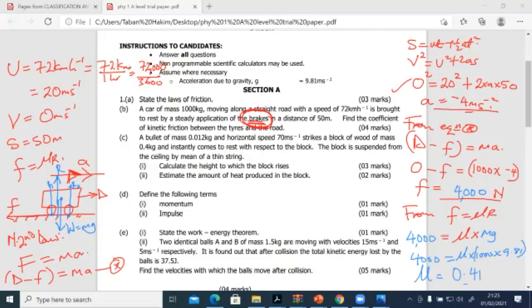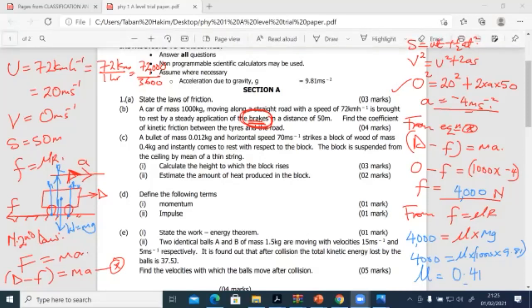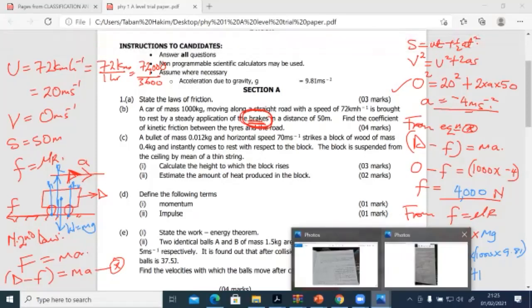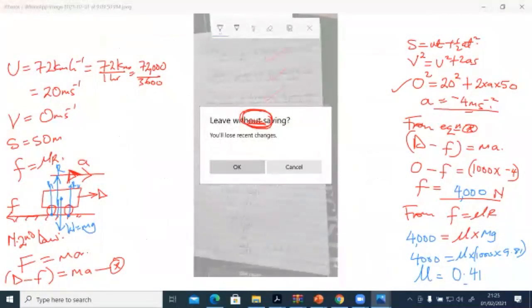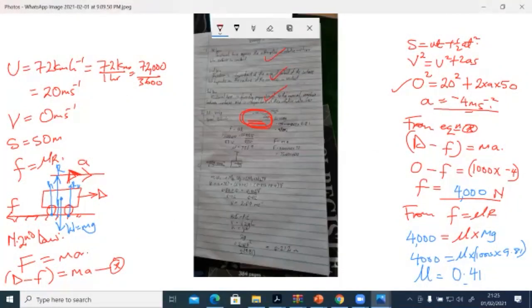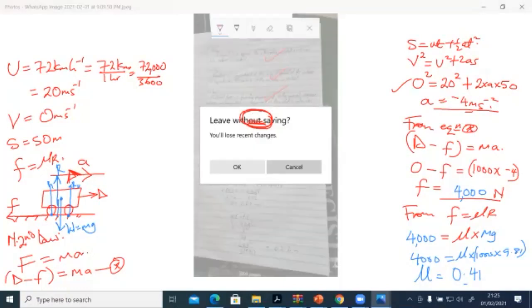Okay, did anyone get this right? I did. You did get the answer. Yes, I didn't see your work. If you got it, well and good. Let me see what this one got. They messed up. Oh, okay, I think you skipped this.